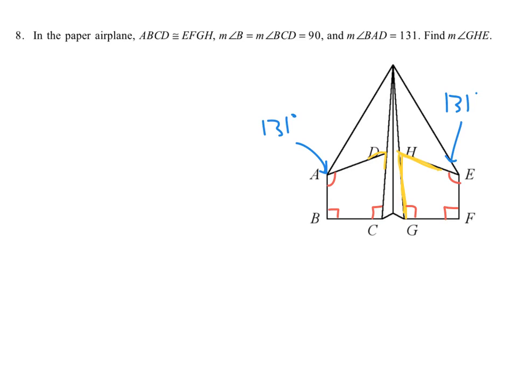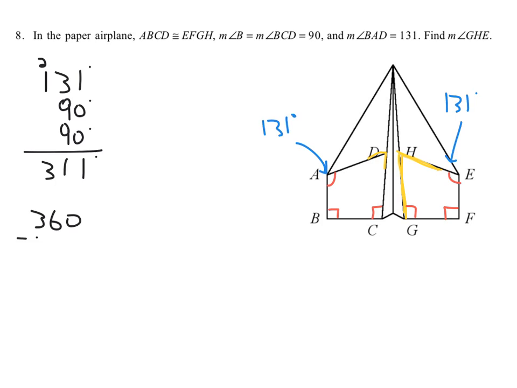We've got 131 degrees plus 90 degrees plus 90 degrees, and that adds up to 311 degrees. So if we do 360 minus 311, we will find out what's left for that remaining angle.